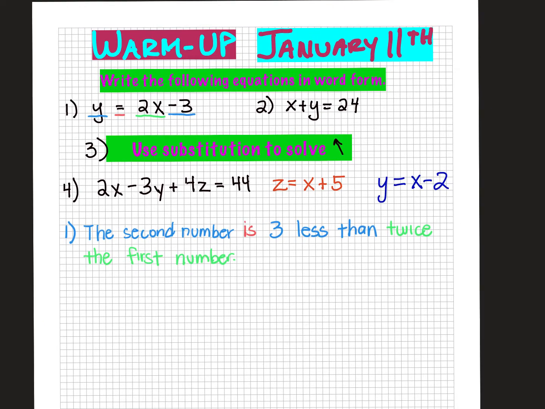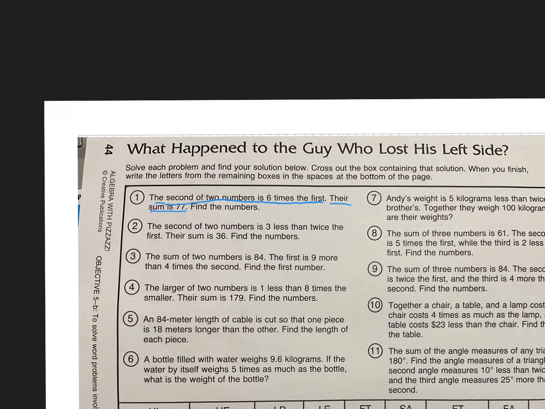And then finally, number 2, the way they say x plus y equals 24, we could say the first number plus the second number is 24. But usually with these problems, if I go back over here, we'll notice how they say that their sum is 77. So that's a really easy way to say exactly what we just said.